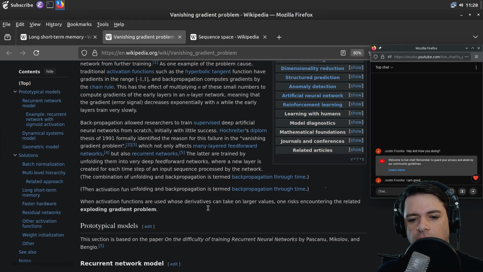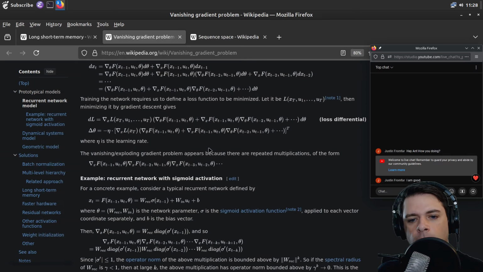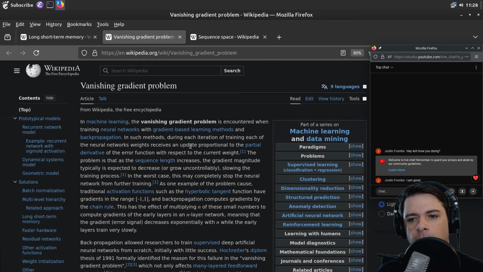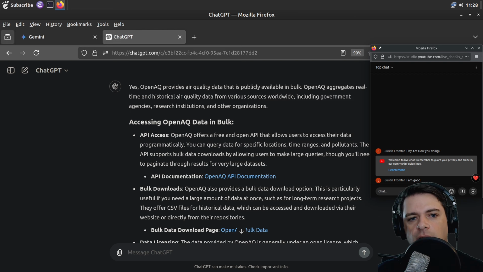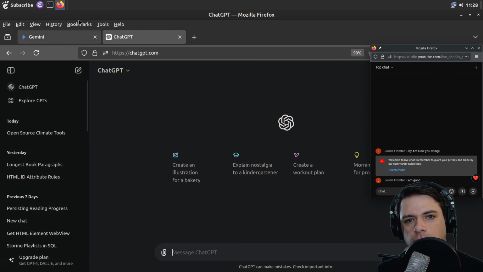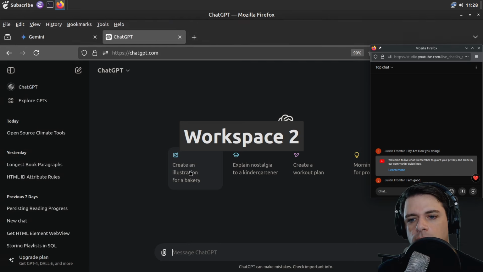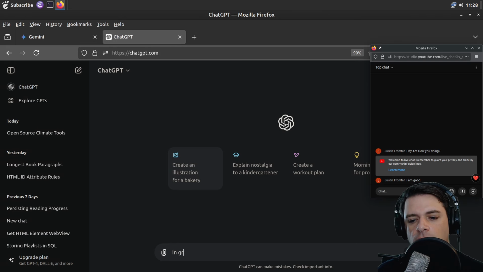If you have a 100 dimensional gradient. I'll ask the AIs. How about in vanishing gradients, what is the sequence length?